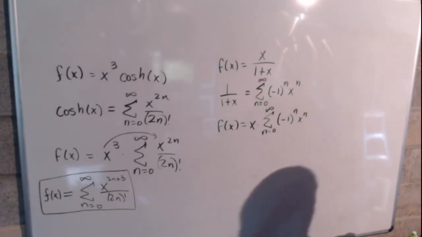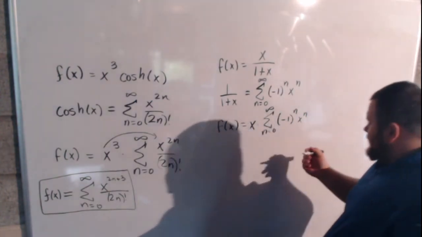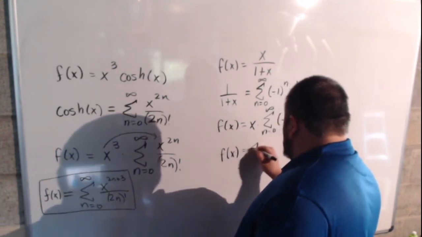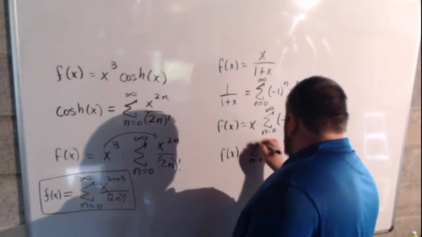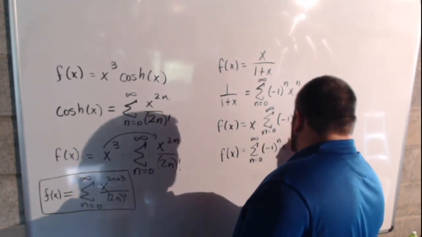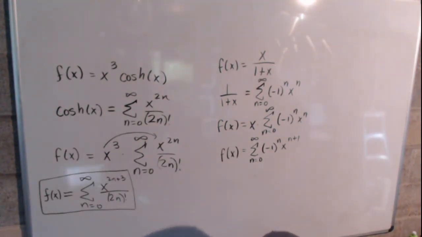And again, this x outside can easily go inside, by making this x to the n plus 1.